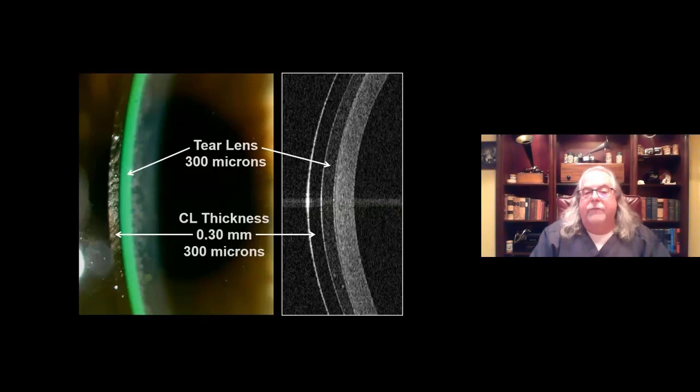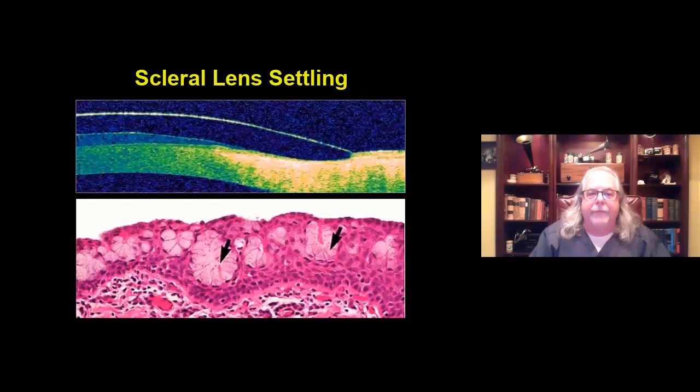We're looking for approximately 300 microns of apical clearance. And here you can see with slit lamp and in OCT imaging the vaulting that we're really searching for.